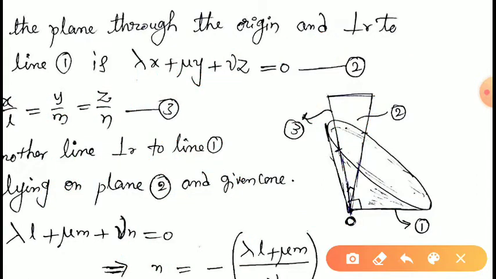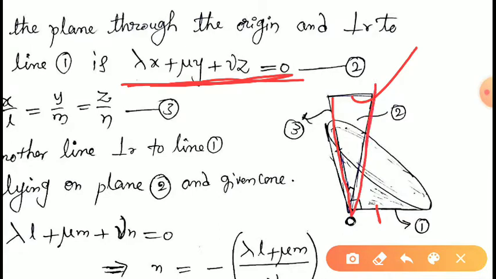Therefore, lambda x plus mu y plus nu z is equal to 0 gives the equation of the plane which is perpendicular to the line x by lambda is equal to y by mu is equal to z by nu. So this plane intersects the cone in two different lines. Out of these two lines, let x by l is equal to y by m is equal to z by n be one of them.